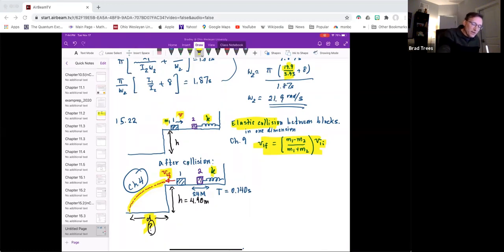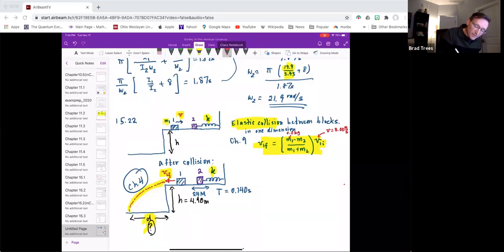Now, this V1 initial is just that V that I've got drawn in my picture up there. I'm told how fast block 1 is moving before it collides with block 2, and my number is 8 meters per second. And I know the mass of block 1, M1.